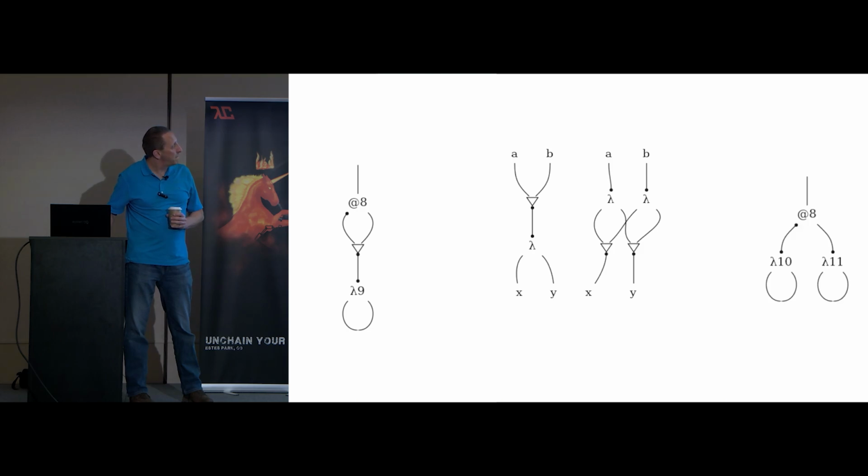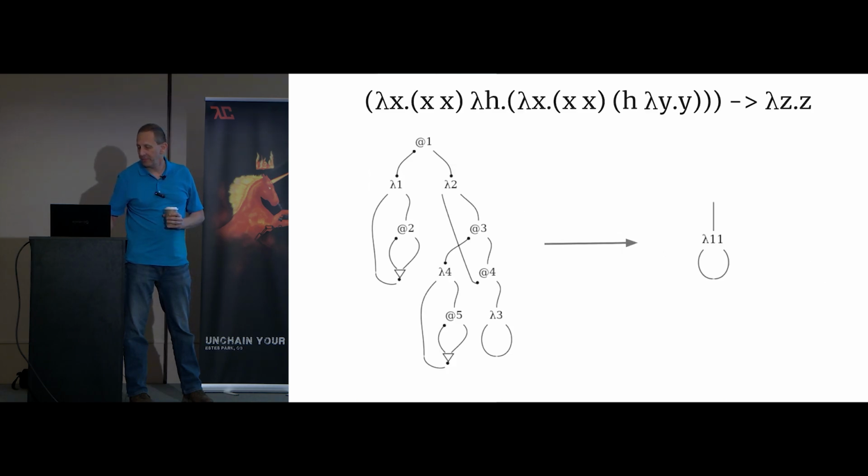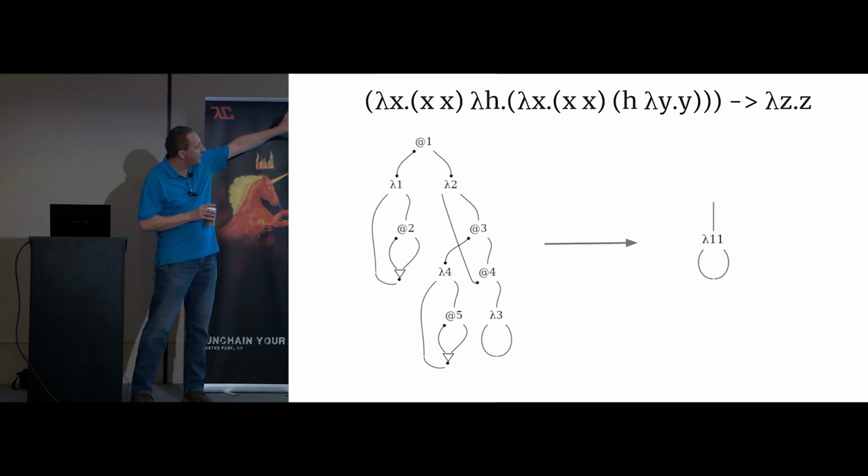And then you apply 8 to 10, which just gives you lambda 11, the identity. So this graph, normal form, is just the identity expression. And we did it strictly using graph reductions, the 5 combinators.